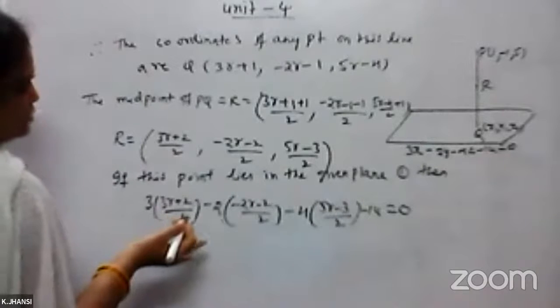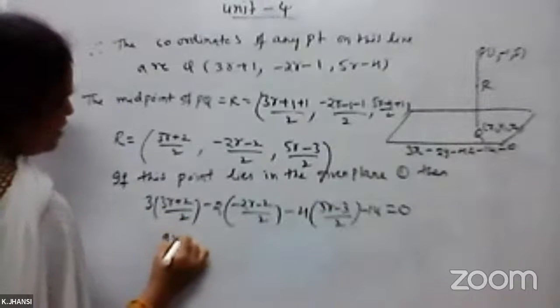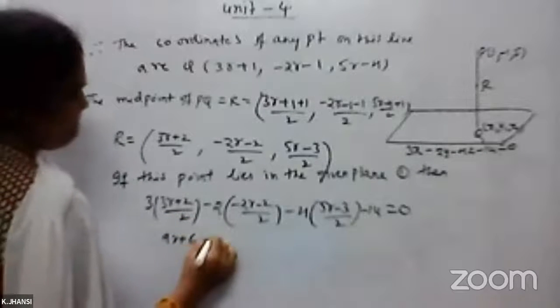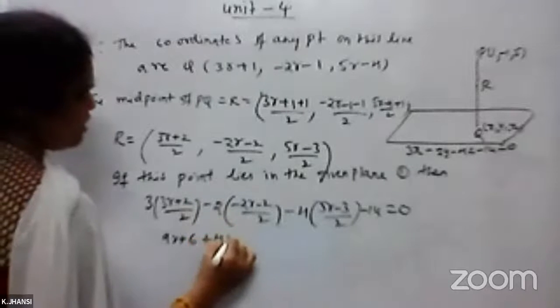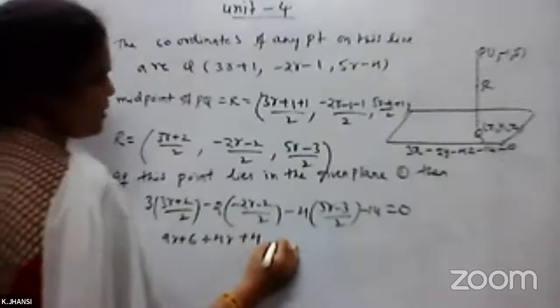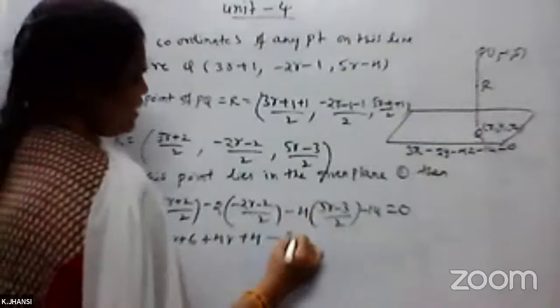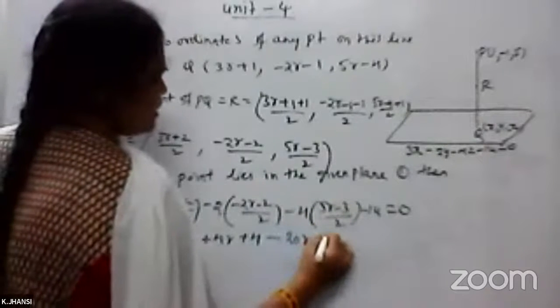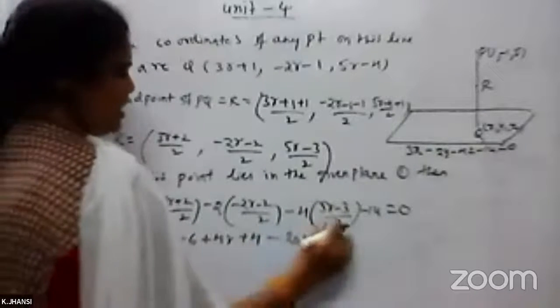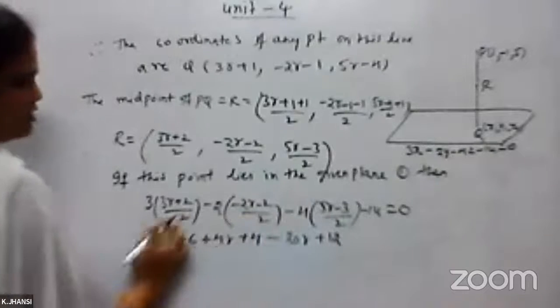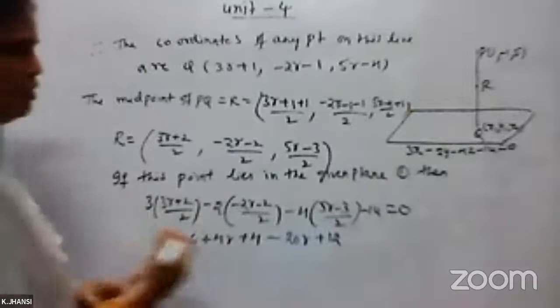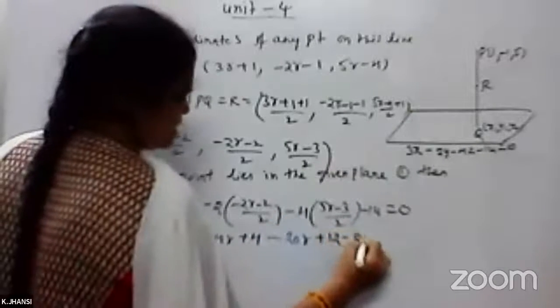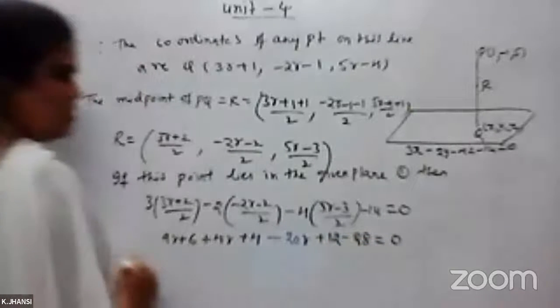Okay, so here 3 3s are 9R plus 6, minus into minus plus 4R plus 4, minus 5 4s are 20R, minus into minus plus 12, and for all these we have denominator 2, you do the cross multiplication, that is minus 28 equals 0.